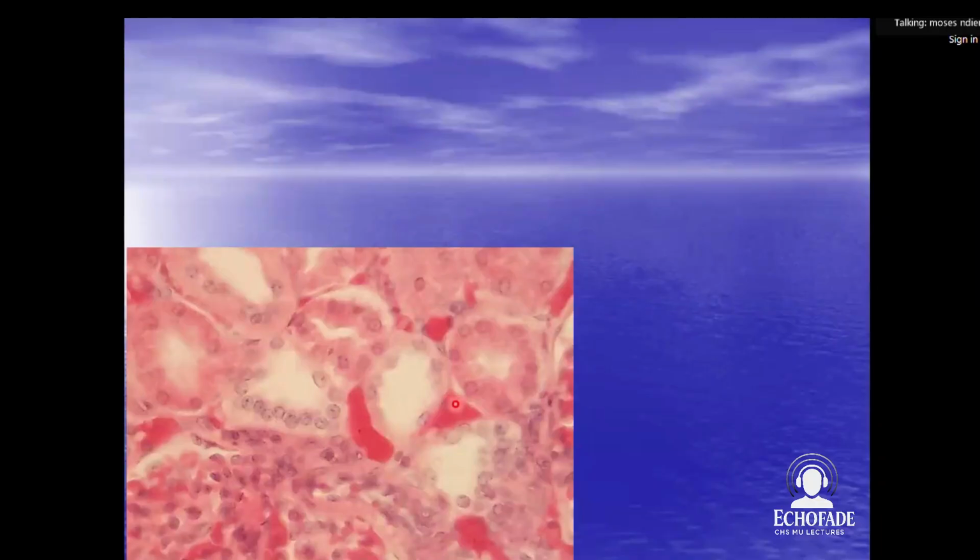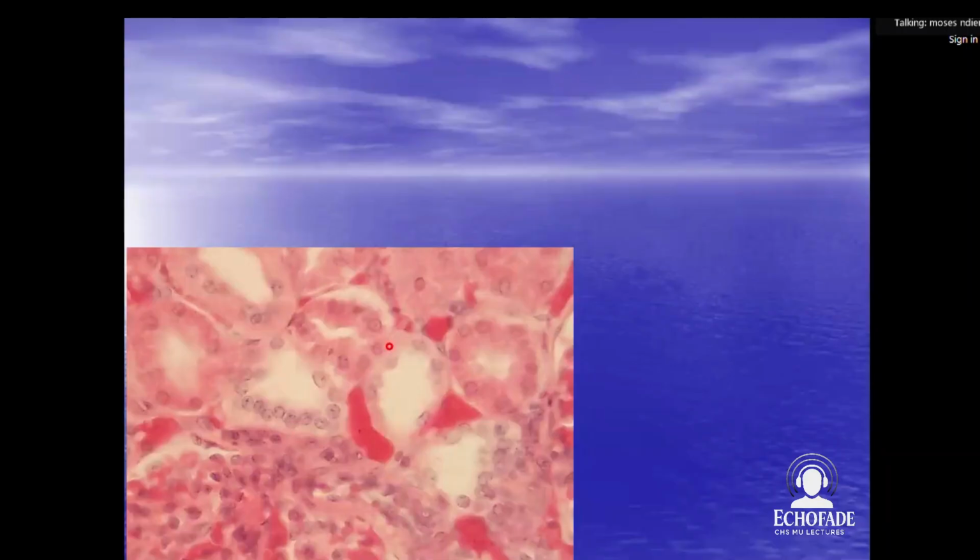It's also lined by simple cuboidal epithelia, and these have very few microvilli at their luminal surface, unlike the proximal convoluted tubule. Therefore, it appears less basophilic because of less mitochondria.